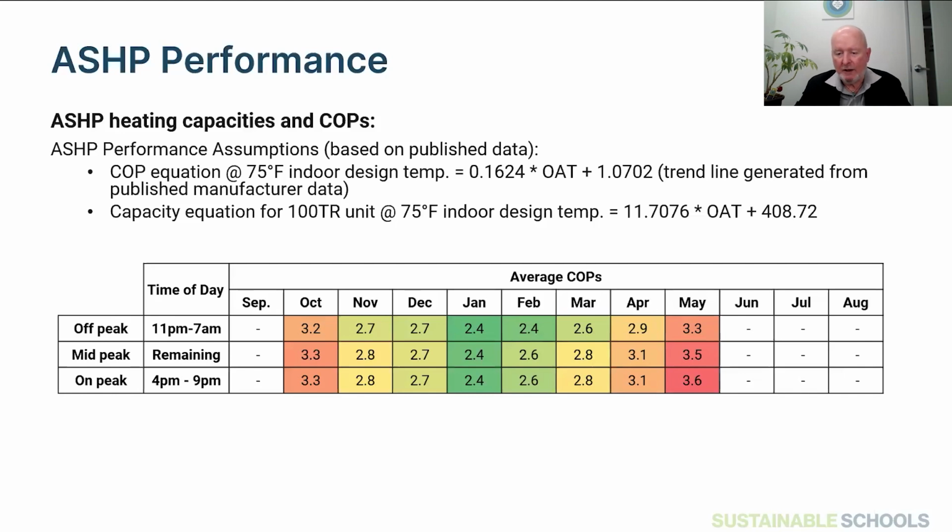So we get 2.5 units of heat out of these units for every unit of electricity that goes into the air source heat pump. So this is again the inverse relationship between heating demand and the capability of the air source heat pump to provide it. Next slide, please.